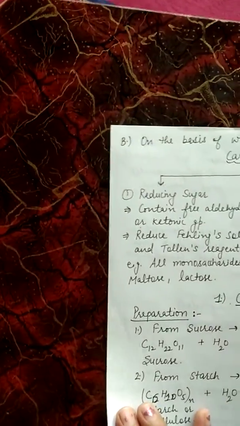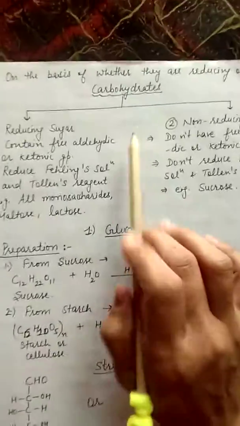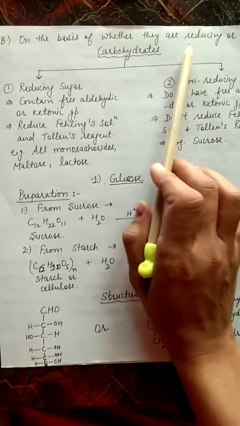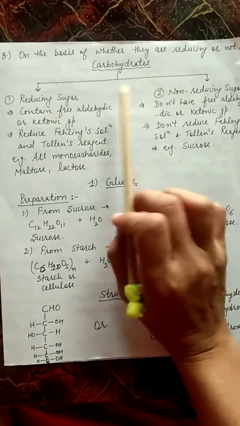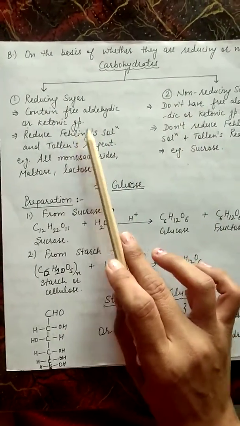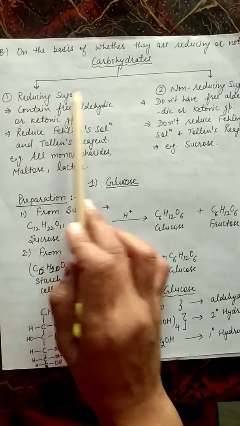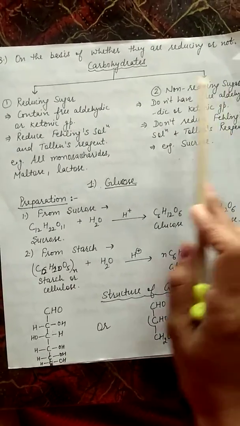The second classification is on the basis of whether they are reducing or not. Carbohydrates are of two types: first, reducing sugar; second, non-reducing sugar.